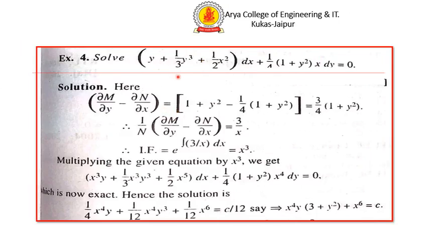Next question. Again, first we check whether the equation is exact or not. If the equation is not exact, we find the integrating factor to make it exact. Here we see that 1 upon N times (del M upon del y minus del N upon del x) is a function of x. So the integrating factor is e to the power integral of f(x) dx, which is equal to x cube.